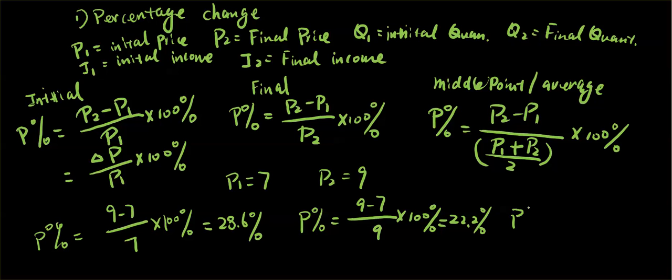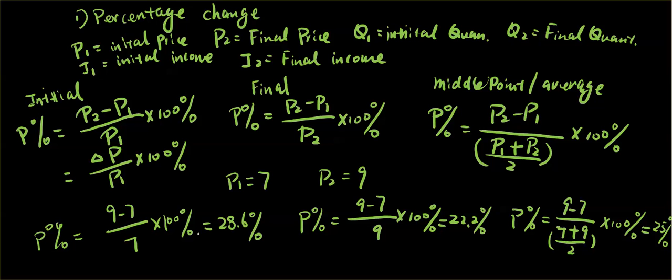How about this last approach? We still use 9 minus 7, the change of the price, divided by 7 plus 9 divided by 2. That is the average price, times 100%. So what will we get? If you have a calculator, you should get 25%.